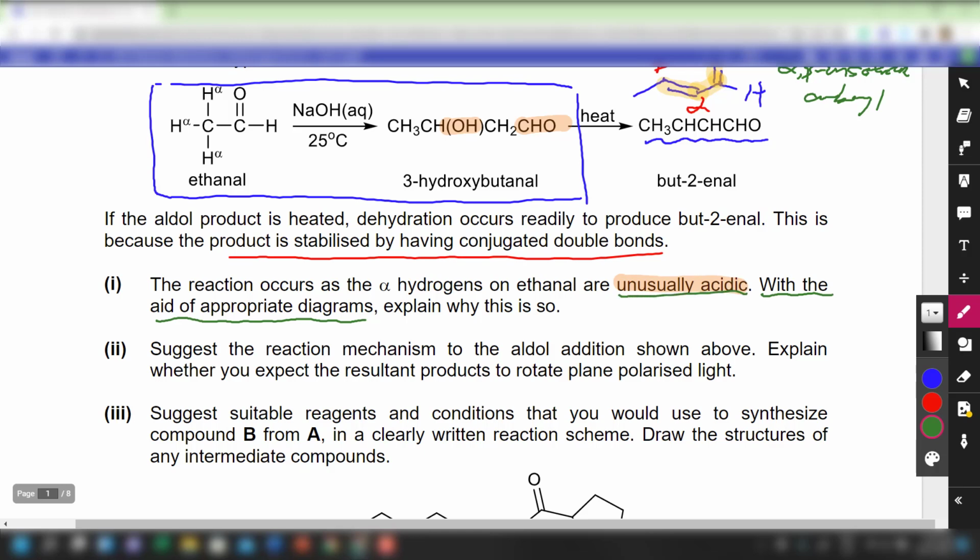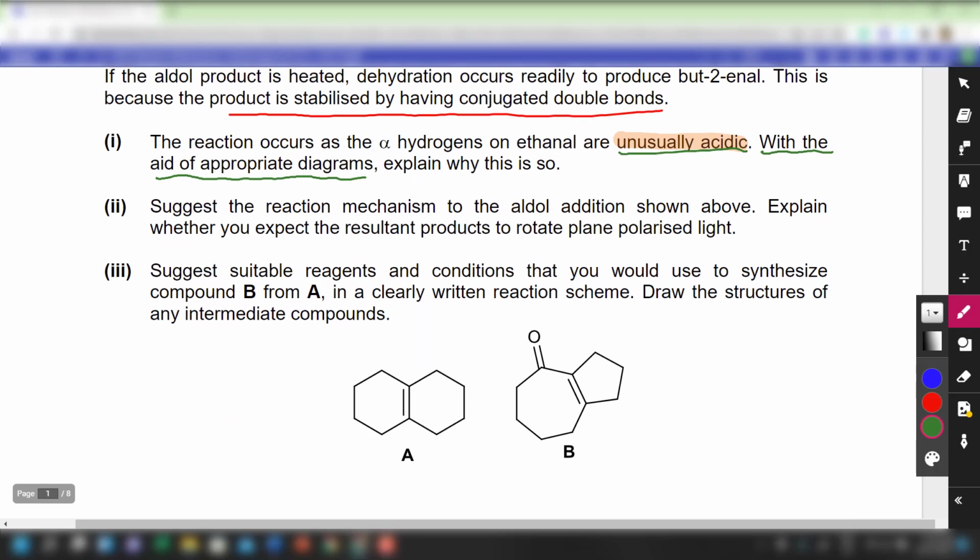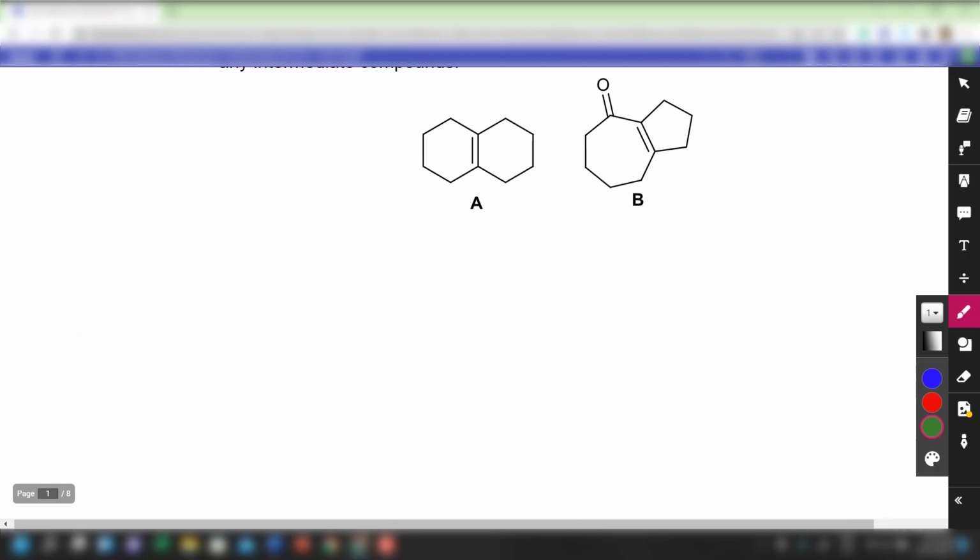Yeah, so what they want you to mention is that the alpha H tends to be lost. And based on what you learned from acid-base equilibrium, if the H tends to be lost, that means that the conjugate base is somewhat stabilized. Okay, so maybe we can attempt to draw out the conjugate base in the space below.